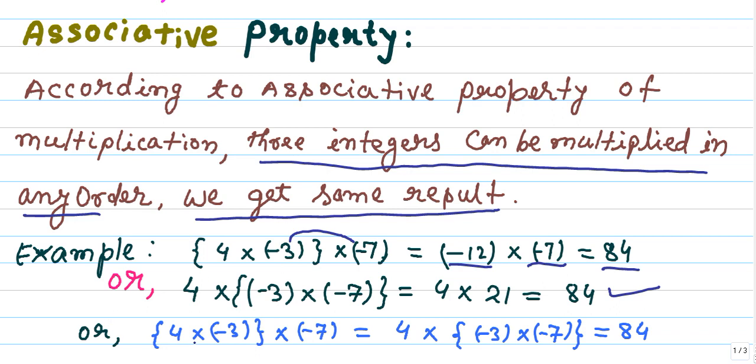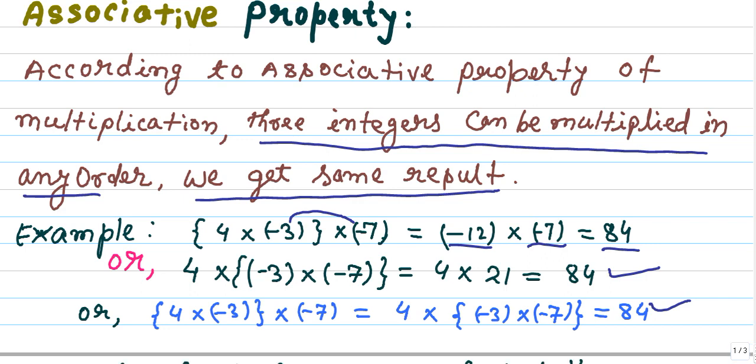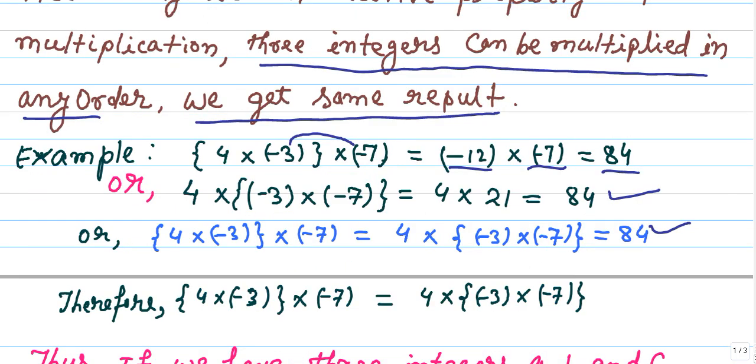Now we can write: bracket 4 into minus 3 into minus 7 equal to 4 into bracket minus 3 into minus 7, and we get 84. The association of the integers always gives the same result.